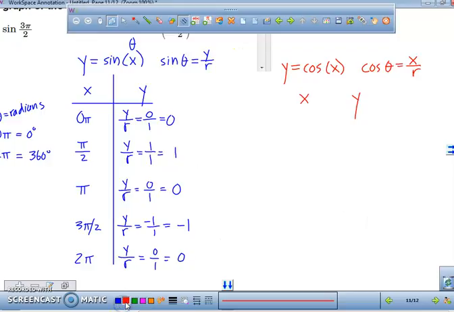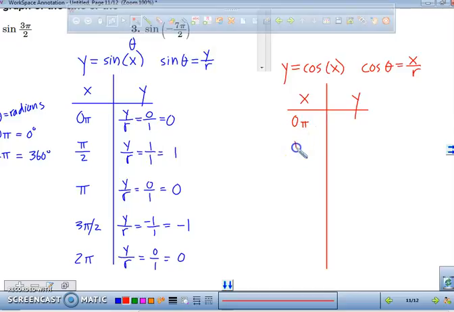Make sure in your table we're going to use the same values for theta, with the same values for x. So right here I want you to write 0 pi, pi over 2, pi, 3 pi over 2, and 2 pi. But this time, everybody, we're going to compare x over r, not y over r.